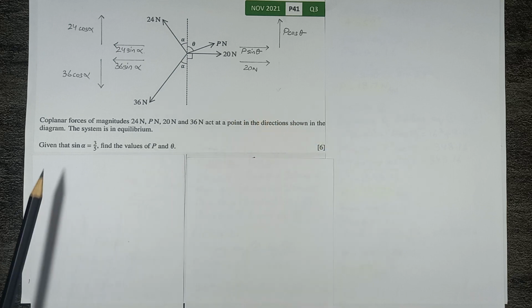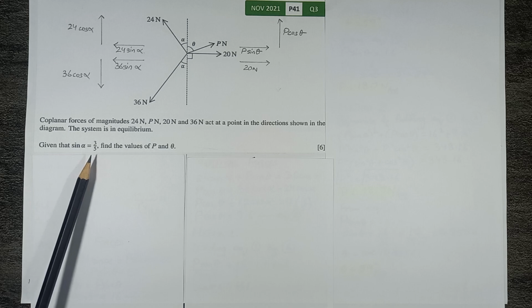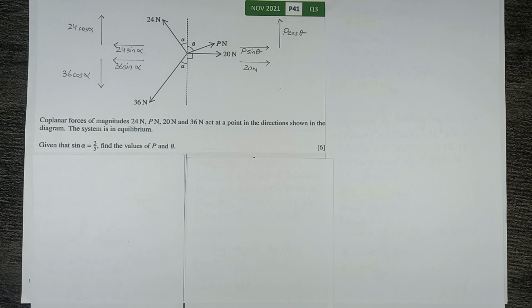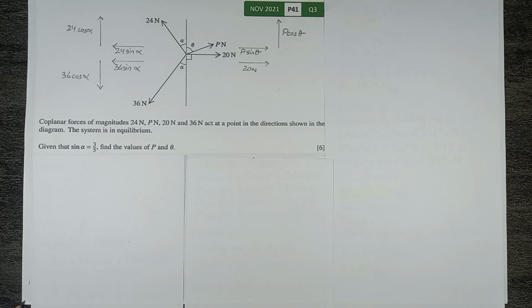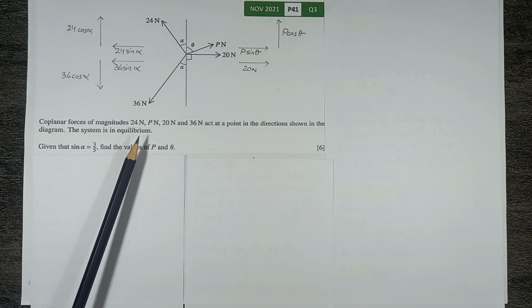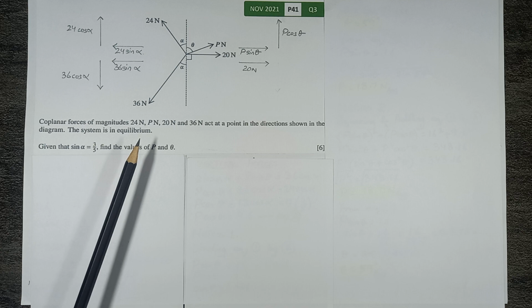According to the question, given that sine alpha is equal to 3 upon 5, find the value of P and theta. And they have also given us a condition in the second line that the forces are in equilibrium. That means the system is in equilibrium, and when we say that, it means the opposite forces are equal.